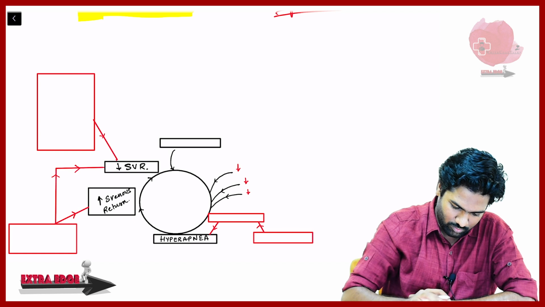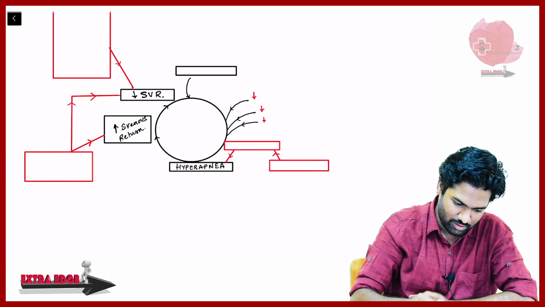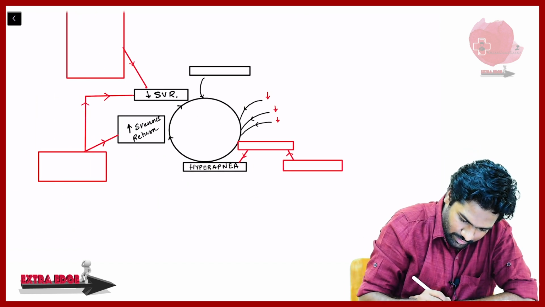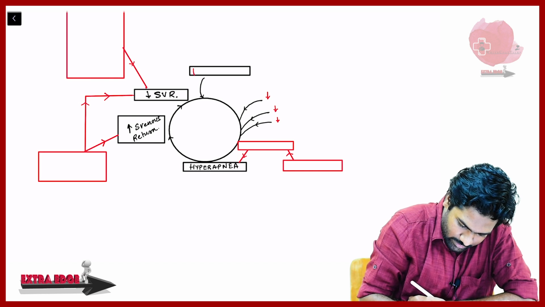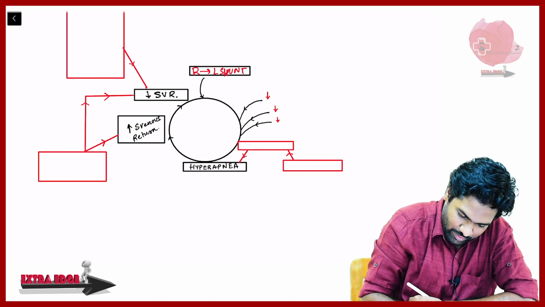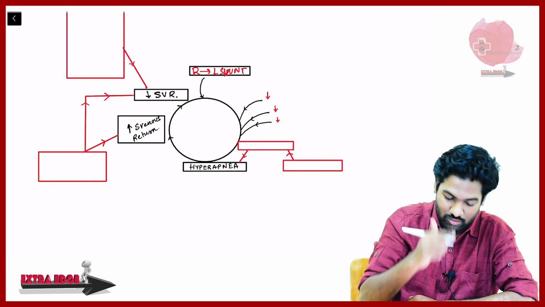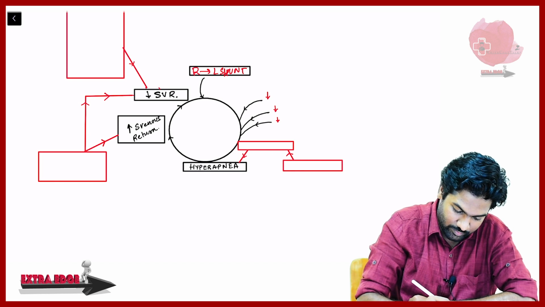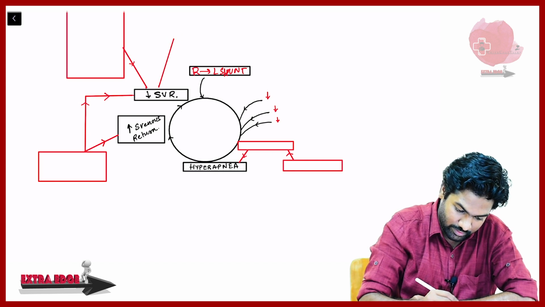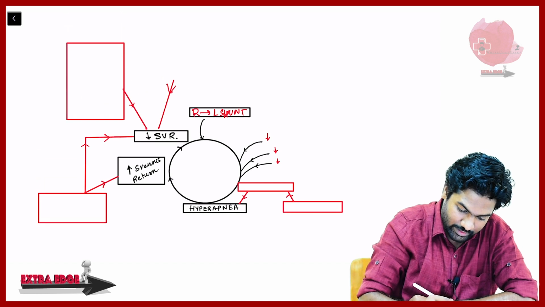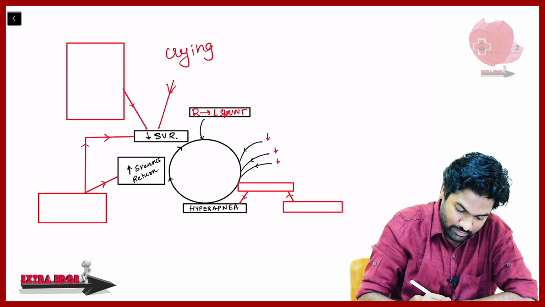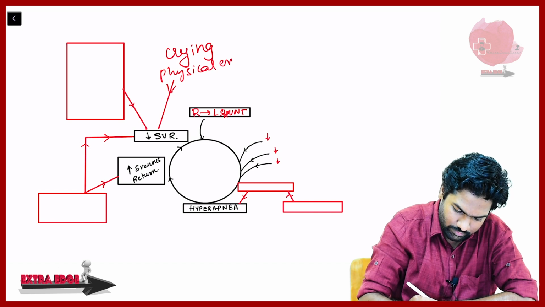Now see in this flow chart, I have written here first: right to left shunt. Imagine that because of this, there is a drop in SVR. It is seen because of what? Child crying, child having physical exertion like running or whatever.